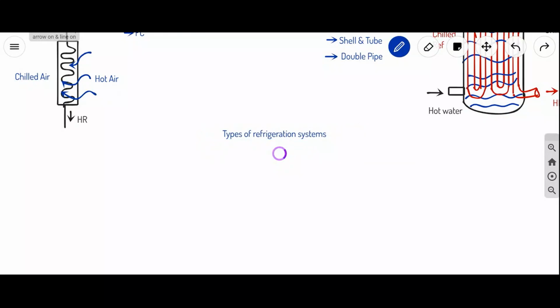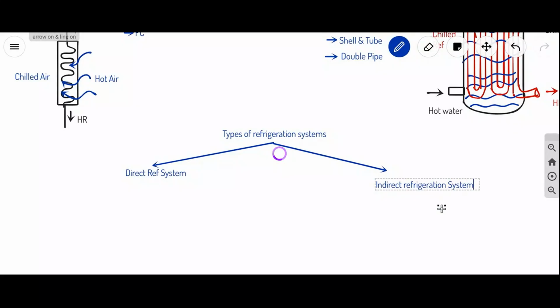So we have two types of refrigeration systems here. One is direct refrigeration system, and the second one is indirect refrigeration system.